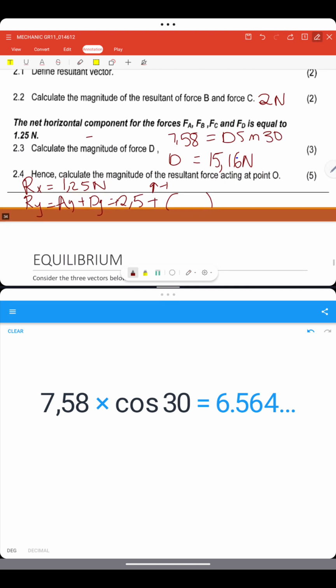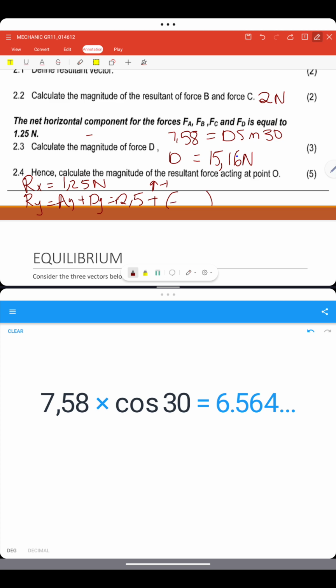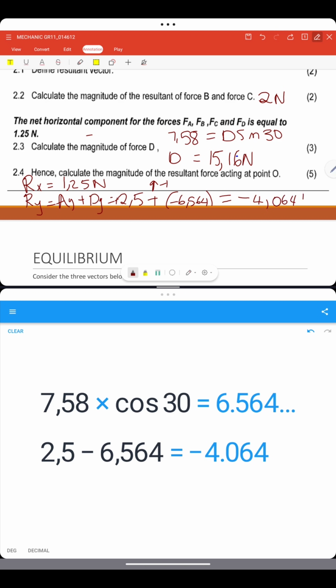Okay. I'm going to put this over here. So this is negative 6,564. Then if I add those together, I have 2,5 minus 6,564. And then it tells me that the answer is negative 4,064 Newton.